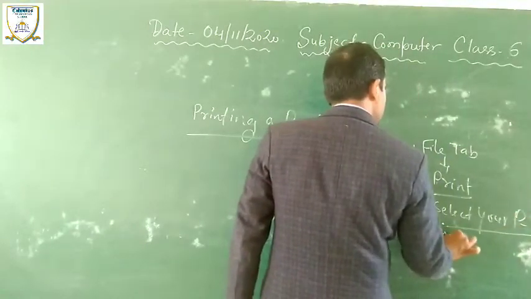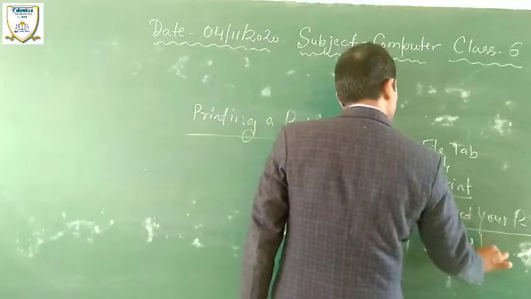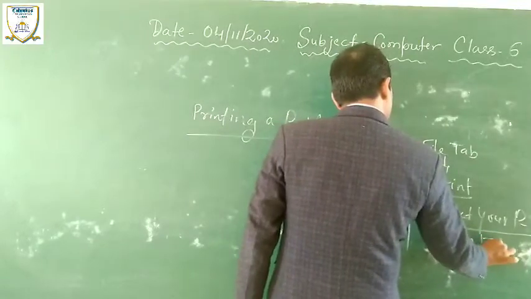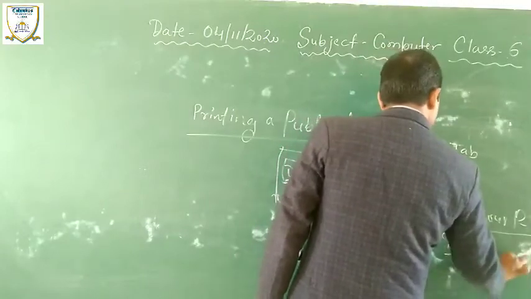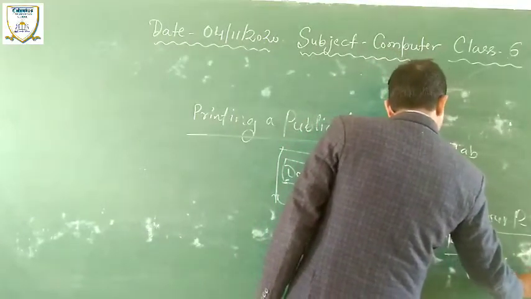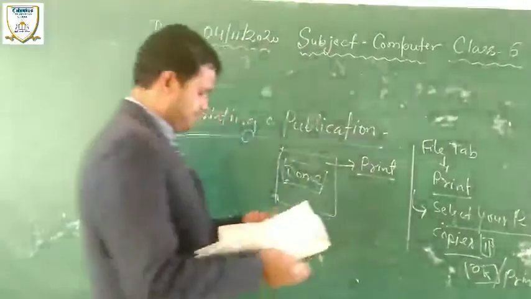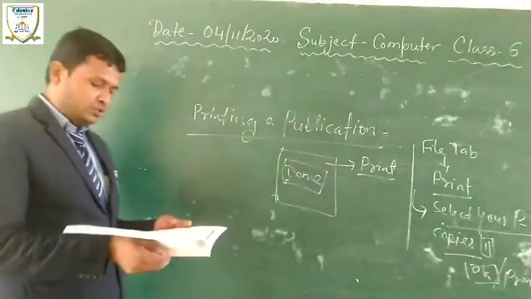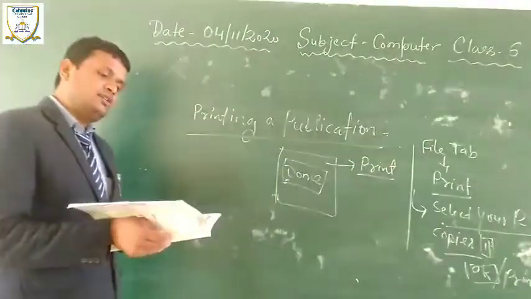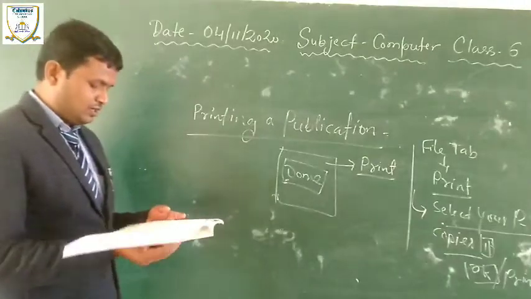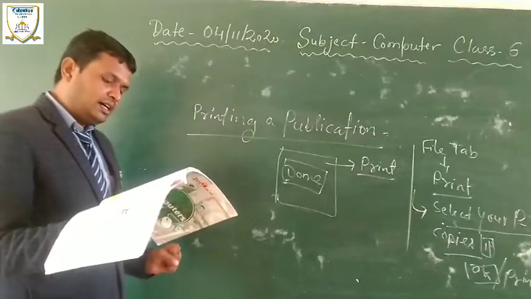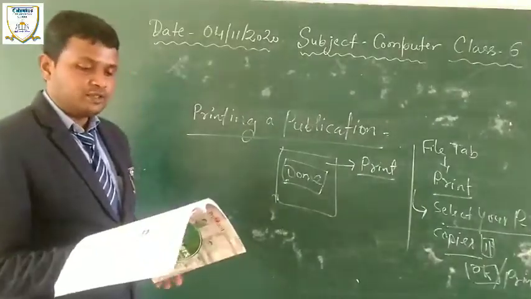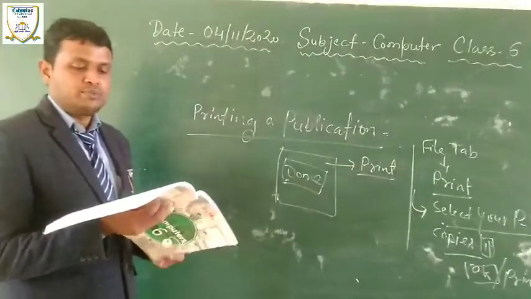Then for copies, select how many copies you need, suppose one copy, and then click OK or Print. When you do that, your page is automatically printed. Here you also have to select the range, from where to where you want to print.